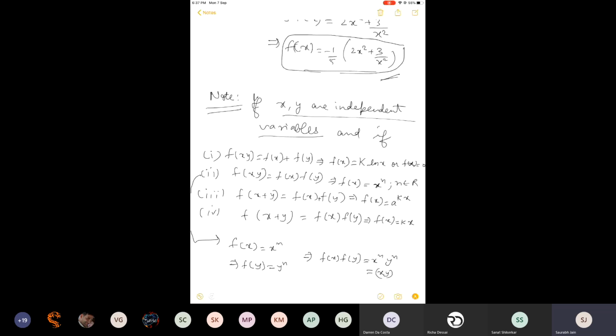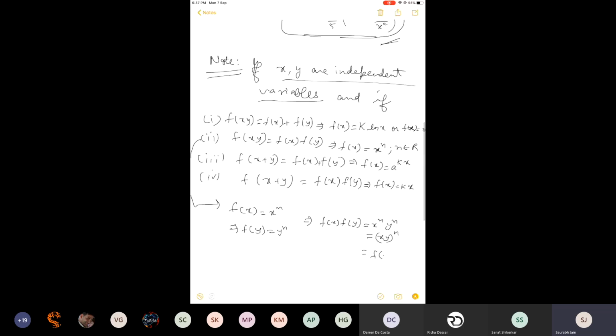And it looks as if I have substituted xy in place of x here. If you put xy here, what will appear on the right hand side? (xy) to the power n, which is f(xy). We replace x by xy, so it becomes (xy) to the power n.